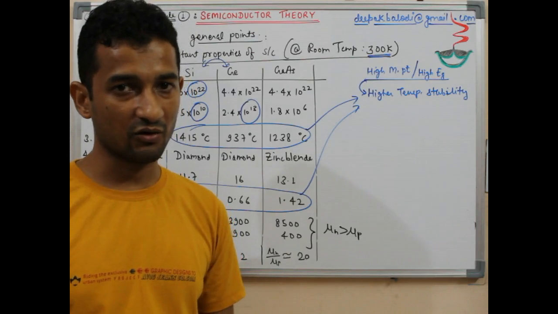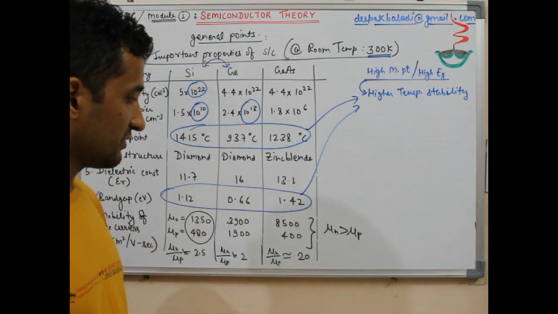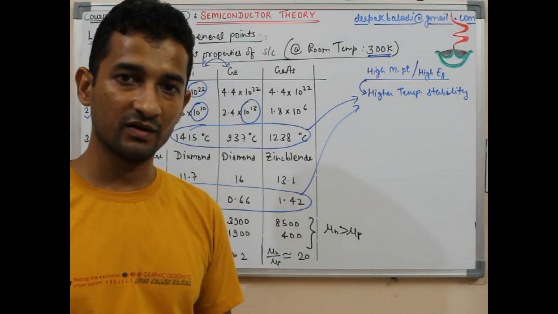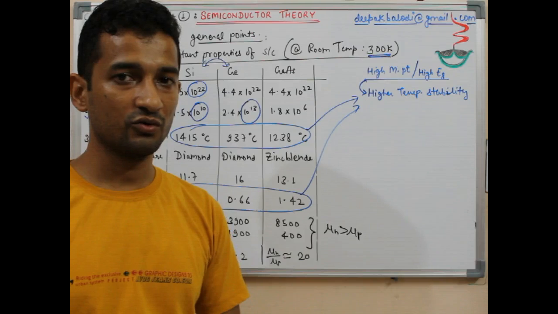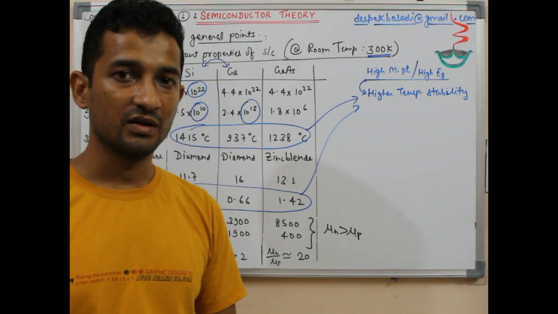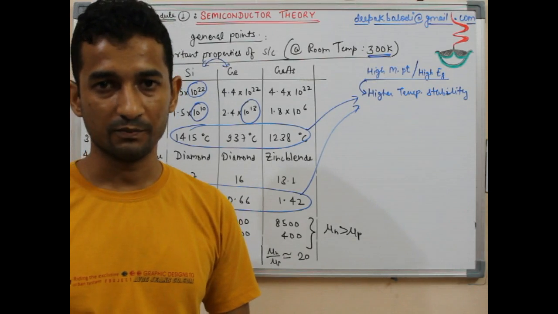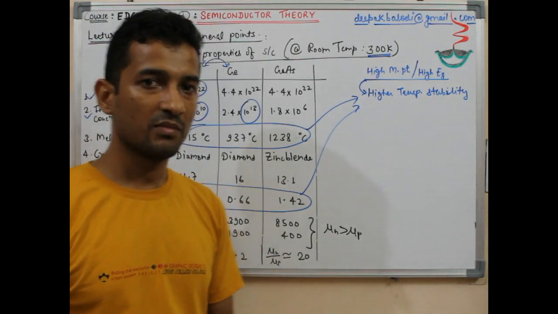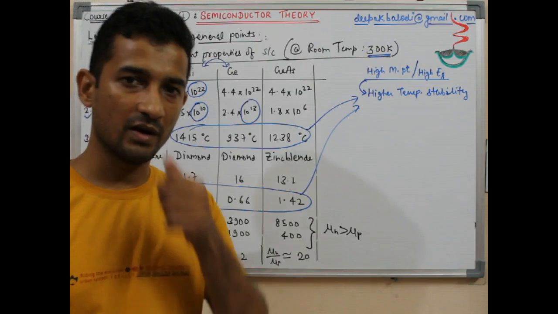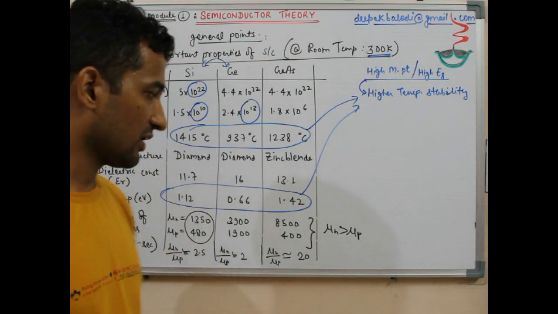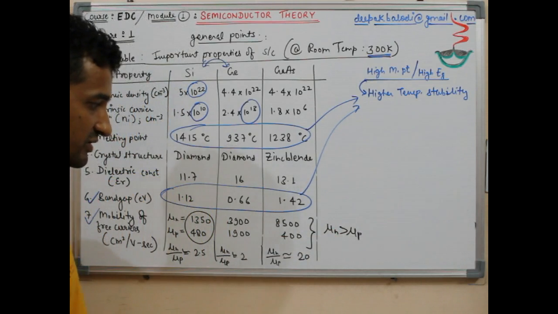In the whole course of semiconductor electronics, we shall favor those devices which have the majority carriers as free electrons rather than free holes. This is a natural tendency, but still those devices which have majority carriers as holes are also of great use, but this is the general trend.